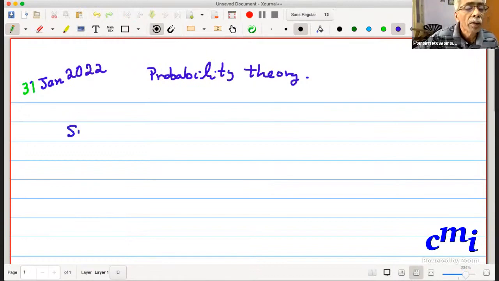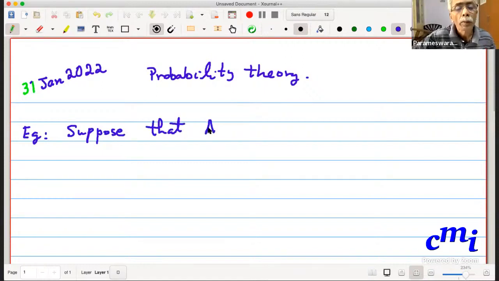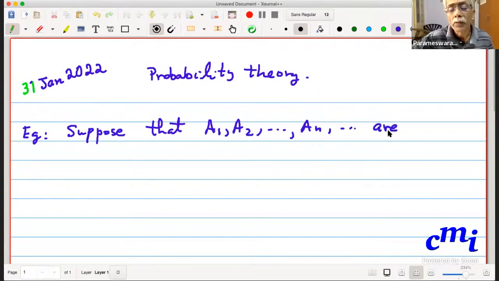Suppose that A1, A2, ..., An are events. Events means members of script F. Events are sets, subsets of omega, for which you can talk about probability.